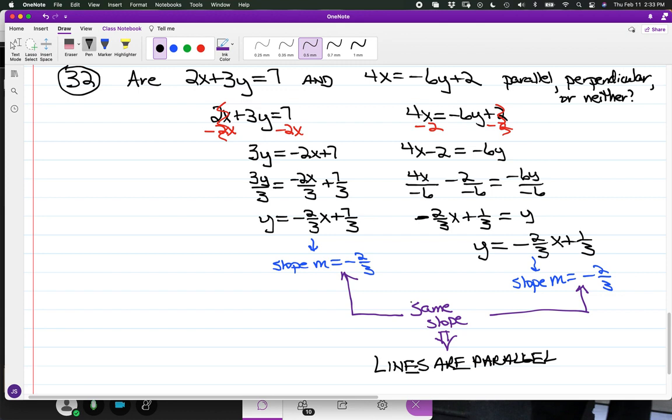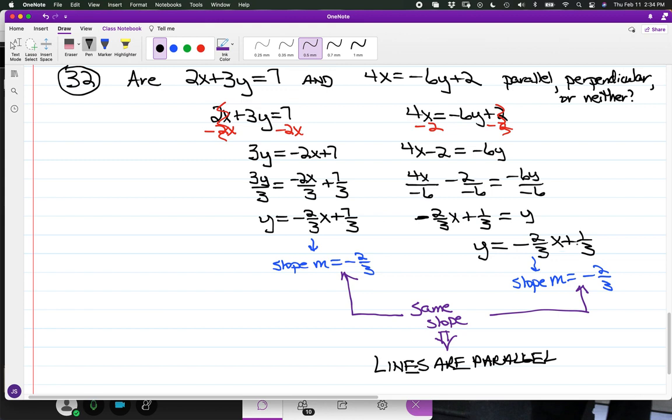Now, what neither would translate to: first of all, if you have different slopes and the difference is not such that you have an opposite sign reciprocal either. The other neither situation would be if you happen to have the same y-intercept, negative 2/3 x plus 7/3, or negative 2/3 x plus 7/3.